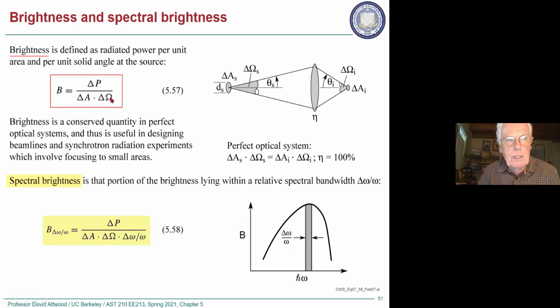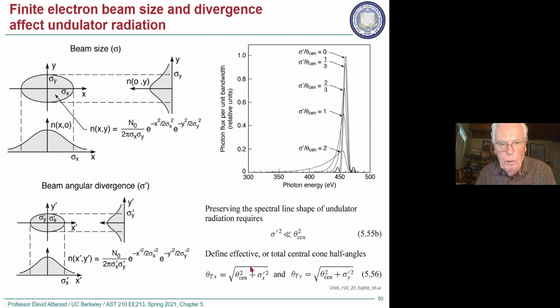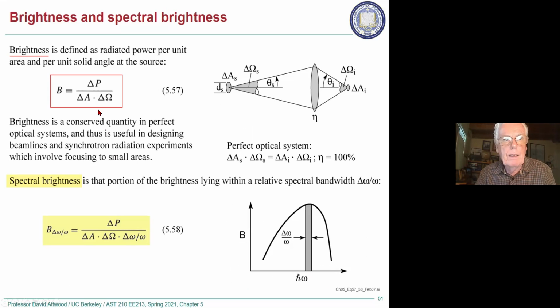So this would be a place where we make this little correction down here, rather than say that it's radiating that power into a central radiation cone and figure its solid angle. We'll make a little correction for the divergence, okay? So anyway, this is brightness, and this is spectral brightness.